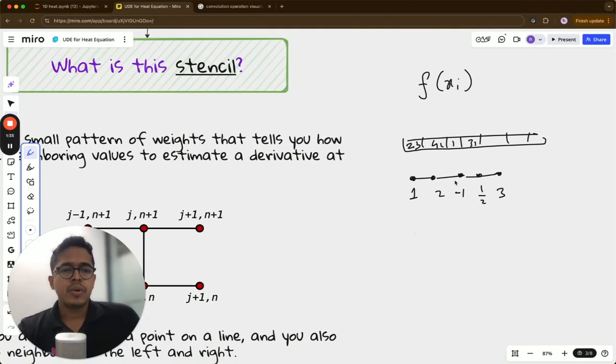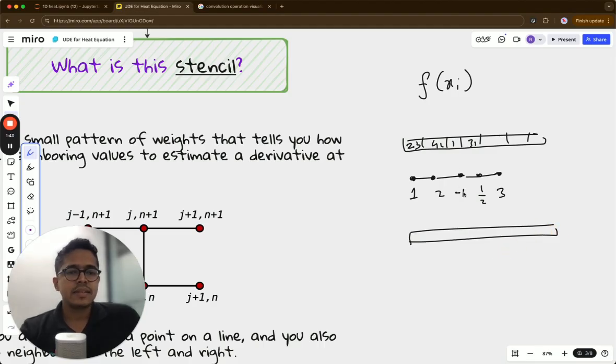Now using this stencil, we could estimate the value of an output one-dimensional array such that the value of this data point will be 1 times 23 plus 2 times 41 plus -1 times 1 plus half times 31 plus 3 times 7.